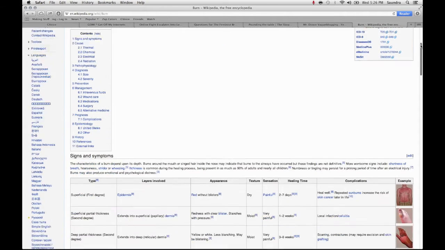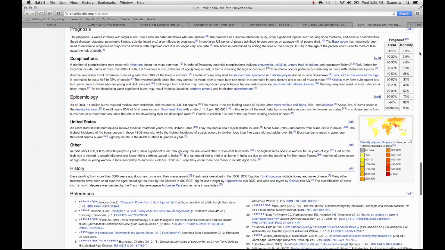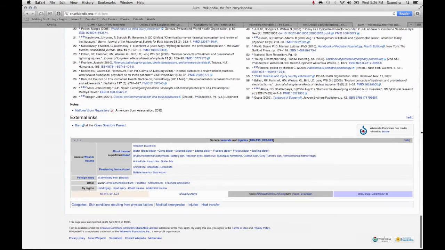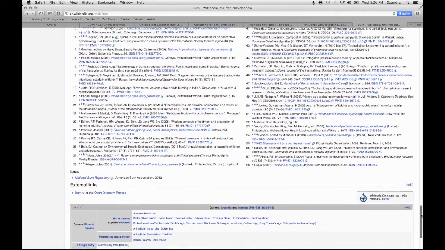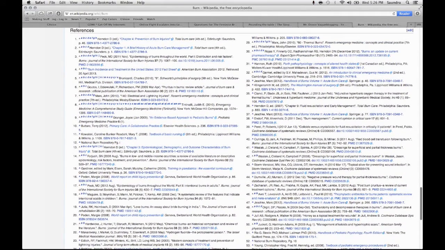All the way to the very bottom. Because see, that's where you'll have references. Let's see if you come up just a little bit. See all these references right here? That's where you really want to start looking at different places that you can go to.